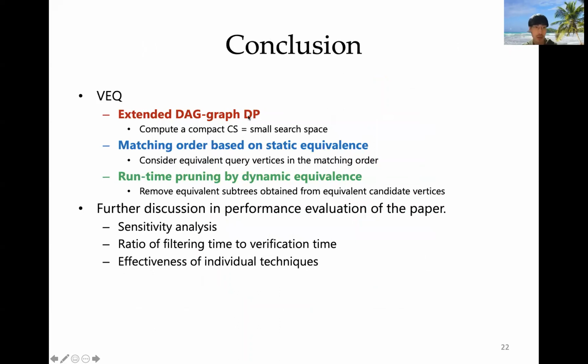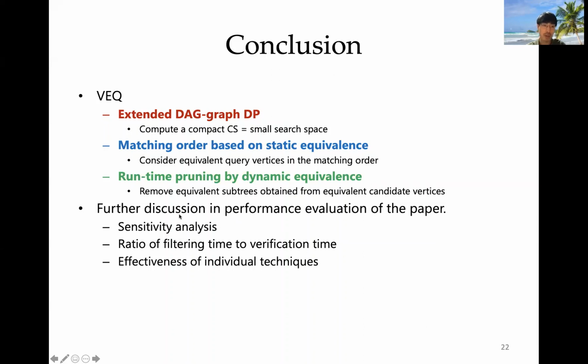In conclusion, we propose a new algorithm called BACK, which uses three main techniques: extended DAG graph DP and matching order based on static equivalence, and runtime pruning by dynamic equivalence.